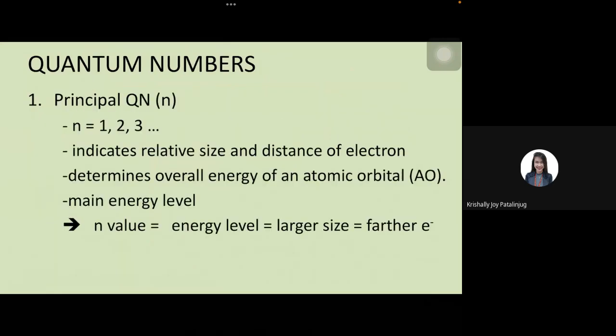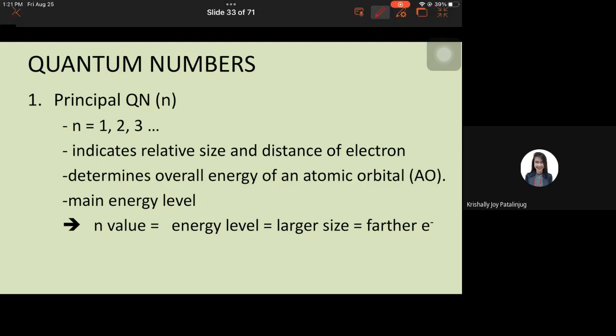Okay, so let's begin with the first quantum number. The first quantum number is known as the principal quantum number, and it is designated with a small letter n, the symbol of the principal quantum number. And it could have any positive integer value, and that would be 1, 2, 3, and so on and so forth.